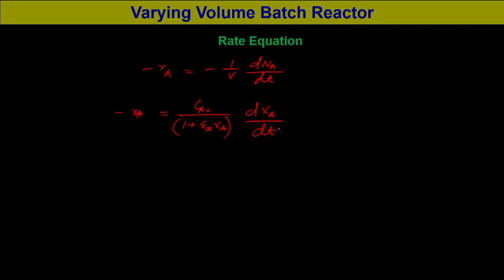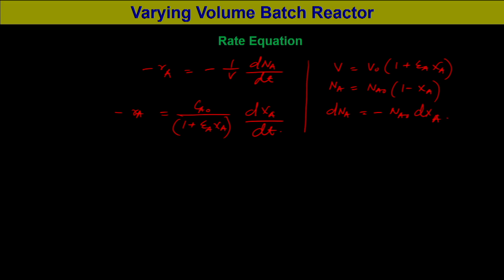This can be obtained as we know V is equal to V naught into 1 plus epsilon A Xa and Na is equal to Na naught into 1 minus Xa. So, we can calculate dNA is equal to minus Na naught dXa.